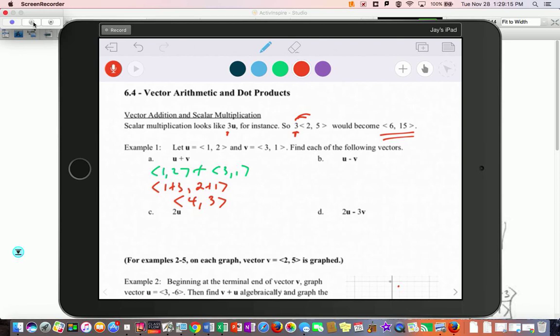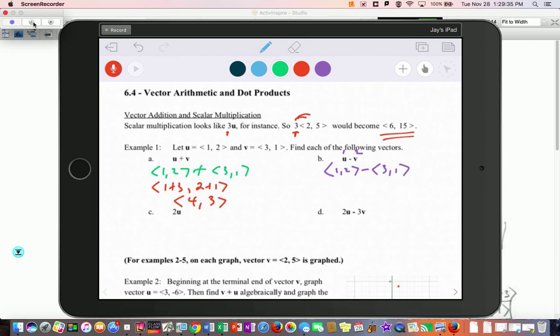When you subtract, if you write it out, just be really careful about what's first and what's second. So u is 1, 2 minus 3, 1. If the order would change, our answer would change. Subtraction is not commutative.